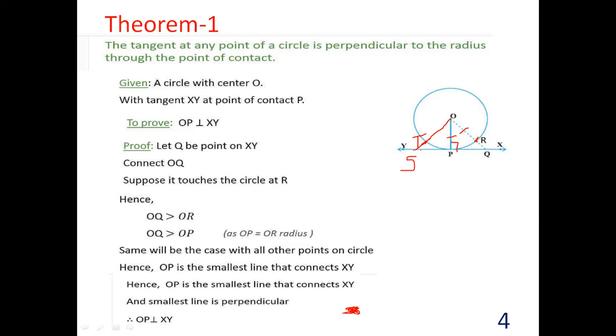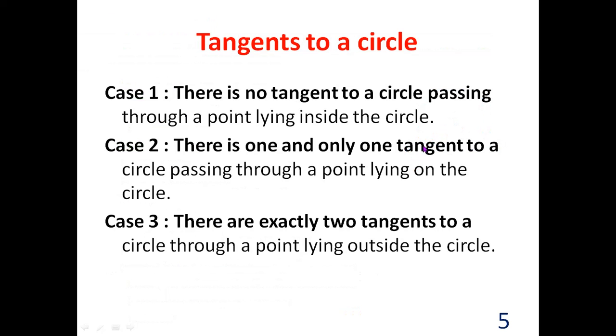OT and OP are equal, so OS is greater than OP. Again OP will become the smallest line segment connecting the point O, the center of the circle, and the line segment, that is the tangent.